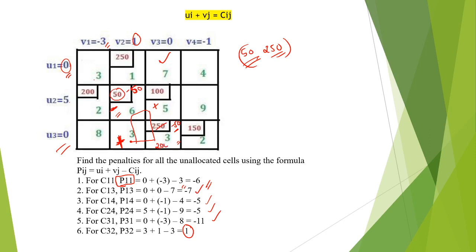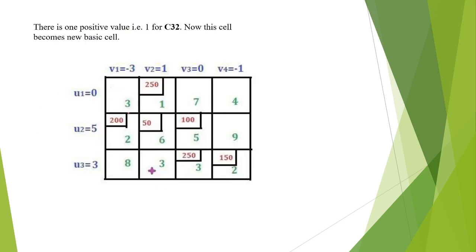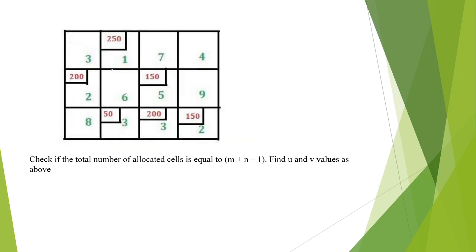So this becomes 200, this becomes 0, and we will add 50 here. So this becomes 150, and this becomes 50. So the answer is again this is 250, 200, and this is the new one.